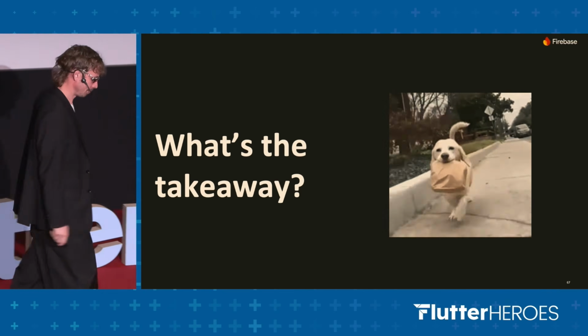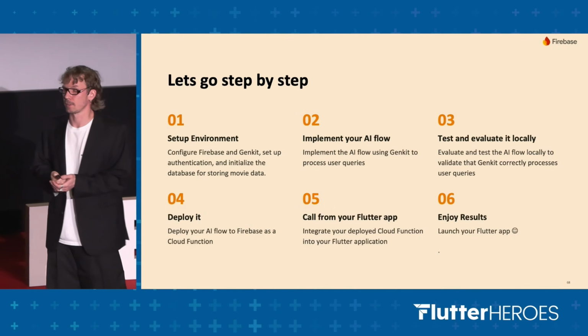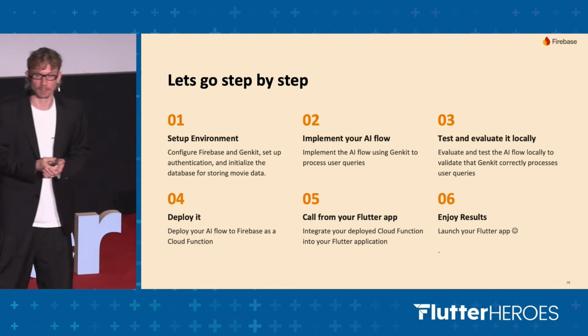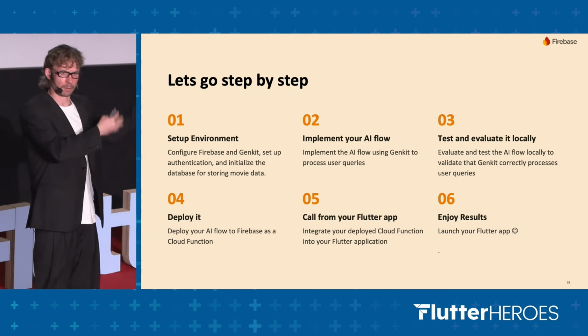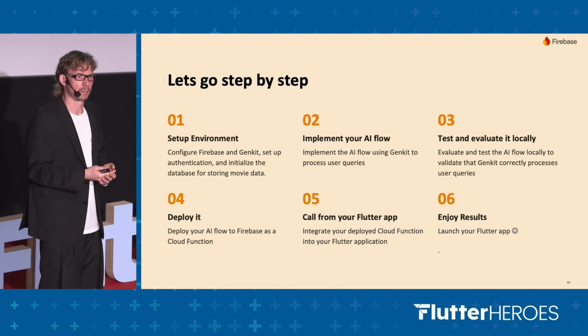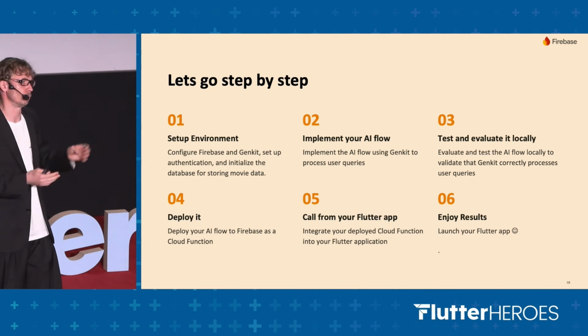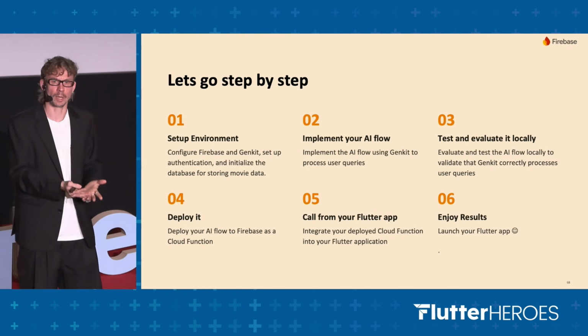And yeah, takeaways. What can you try after the talk? First, you need to set up your environment. You should install Firebase CLI and then launch your Genkit. Then you open localhost and the port number in your browser, and you will have this UI tool.